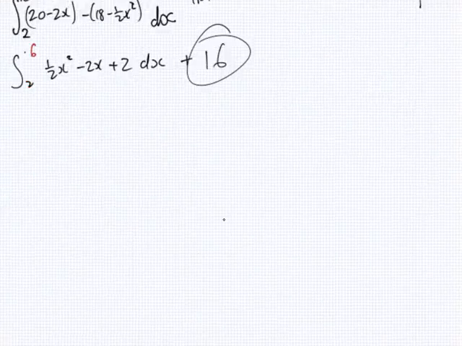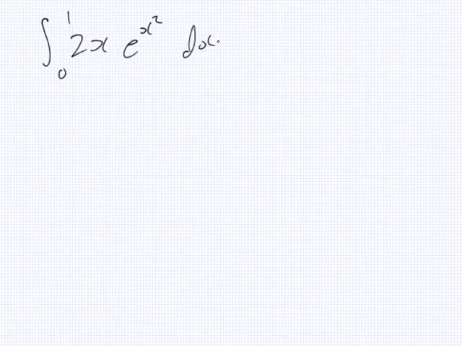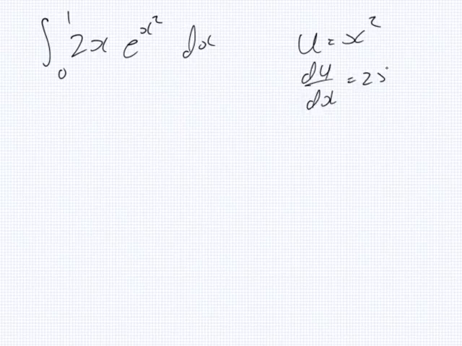I'll give you a simple example to demonstrate the difference in the two methods, okay? So let's say I wanted to integrate something like, I need to pick something not too difficult, the integral of 2x e^(x squared) from 0 to 1 dx. This is my way of doing it. You make u equal to x squared, du/dx equals 2x, dx equals du over 2x.